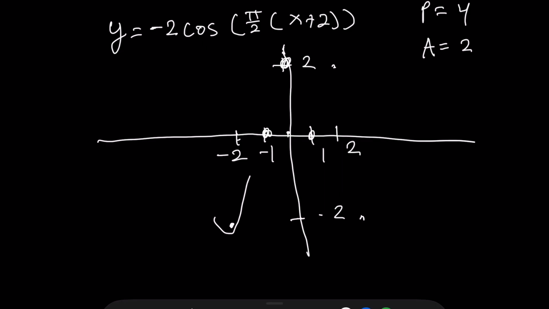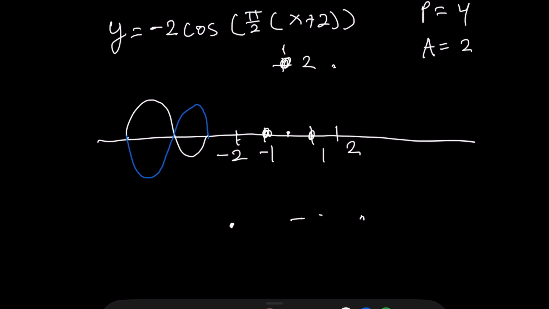So it would look like this instead. Same thing with sine. If it was positive sine, then it would look like this. If it was negative sine, then it would look like this. That's the only difference between positive and negative.